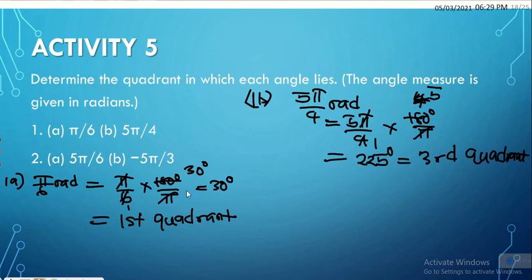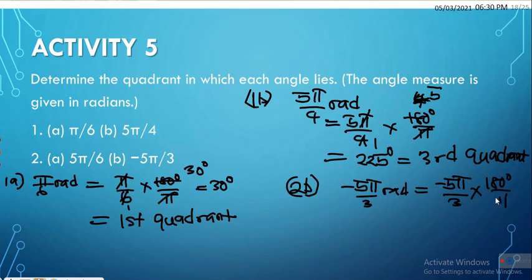You can practice the other ones, but let's take 2b, which is negative. So minus 5 pi over 3 radian equals minus 5 pi over 3 times 180 degrees over pi. So pi cancels pi, 3 into 180 is 60 degrees, and 60 times minus 5 is minus 300 degrees.